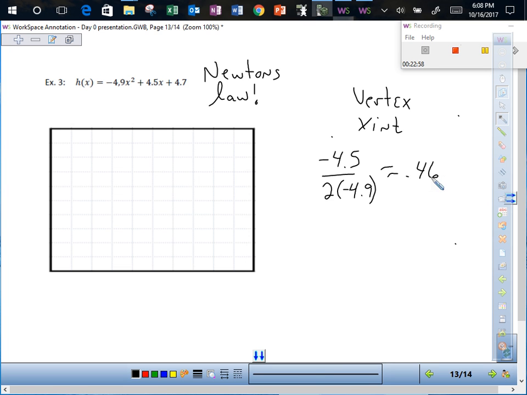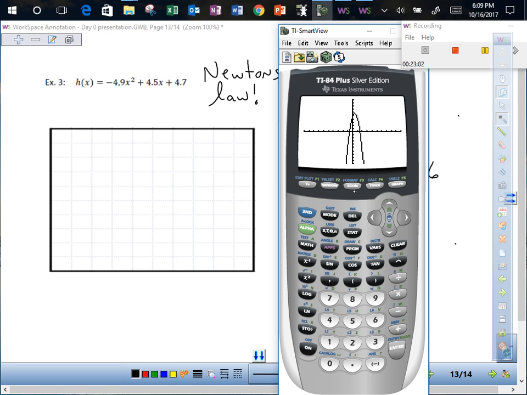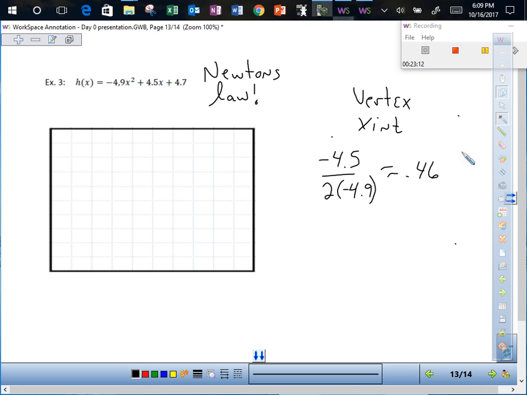Now, I could do this in my calculator now. I can just go trace 0.46, and I know the vertex is about 0.46, 5.7. So my vertex is about 0.46 and 5.7.